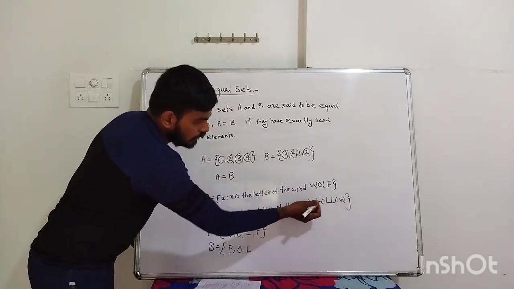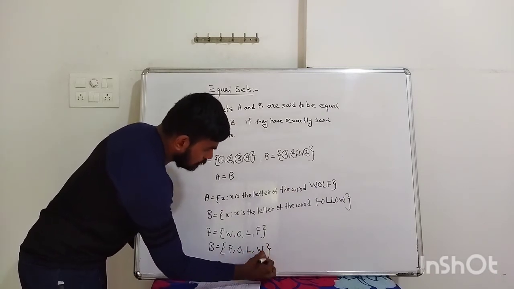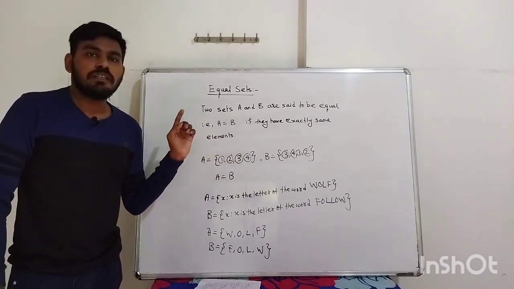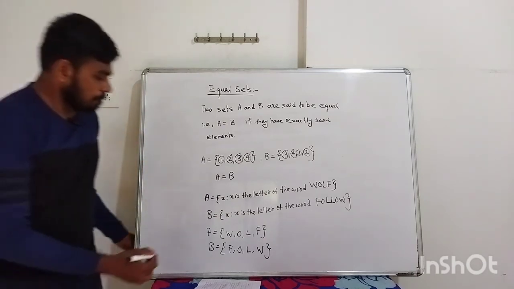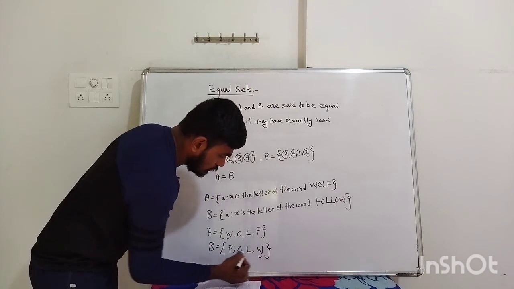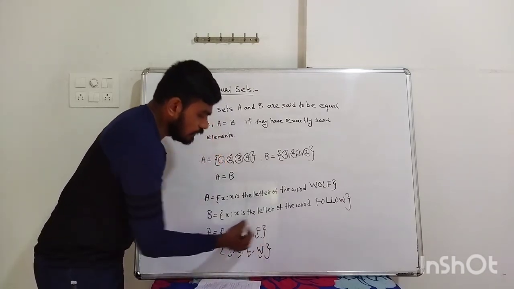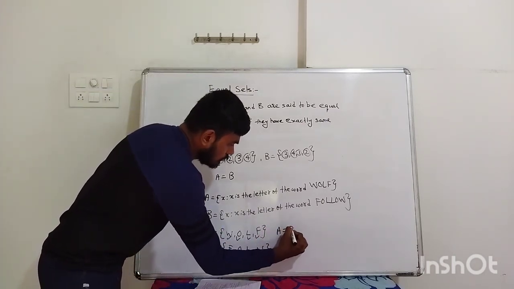O is repeating here, so we don't write O again, directly W. Just remember, in sets arrangement is not important and elements should not be repeated. So A is equal to B. How? See, W is there here, here there is W. O is there, O is there. L is there, L is there. F is there, F is there. There is no extra element. So A is equal to B.